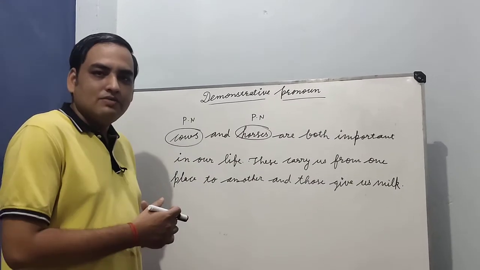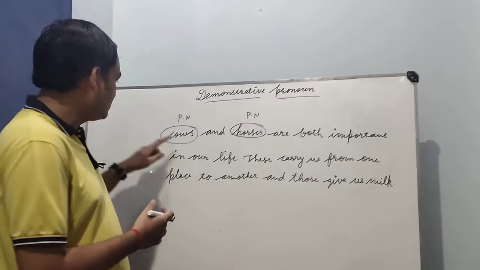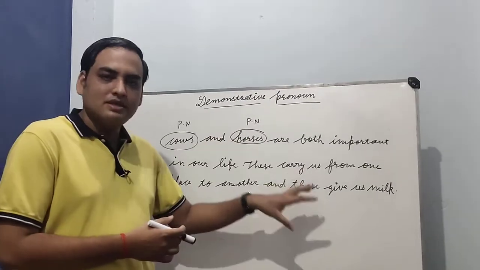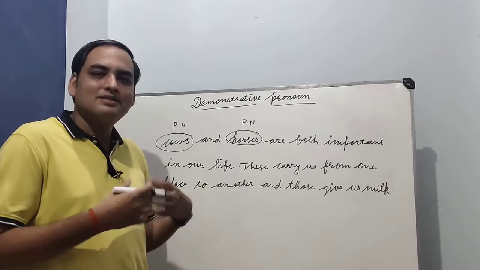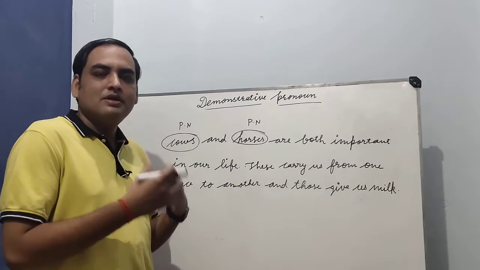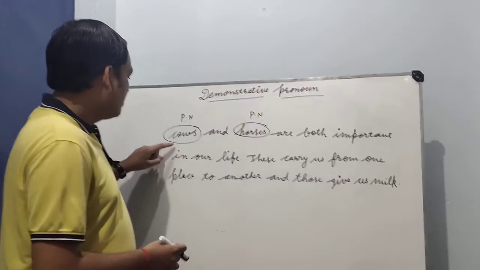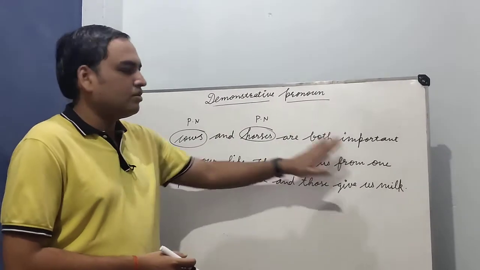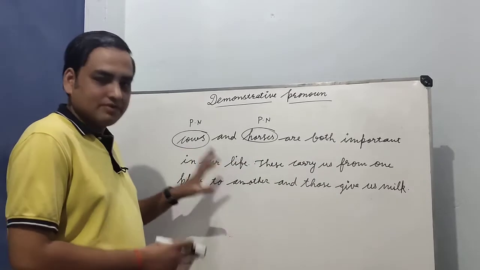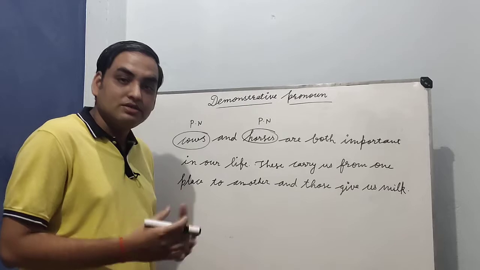And why have we used these and those here? To avoid the unnecessary repetition of cows and horses in such a sentence, because unnecessary repetition of nouns spoils the beauty of this great language, English. So cows and horses are both important in our life. दोनों ही animals, cow और horse, हमारी life में बहुत important होते हैं.